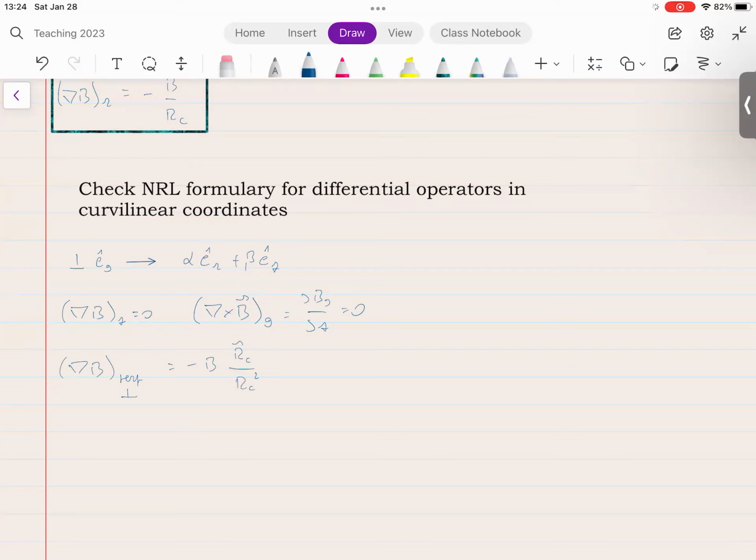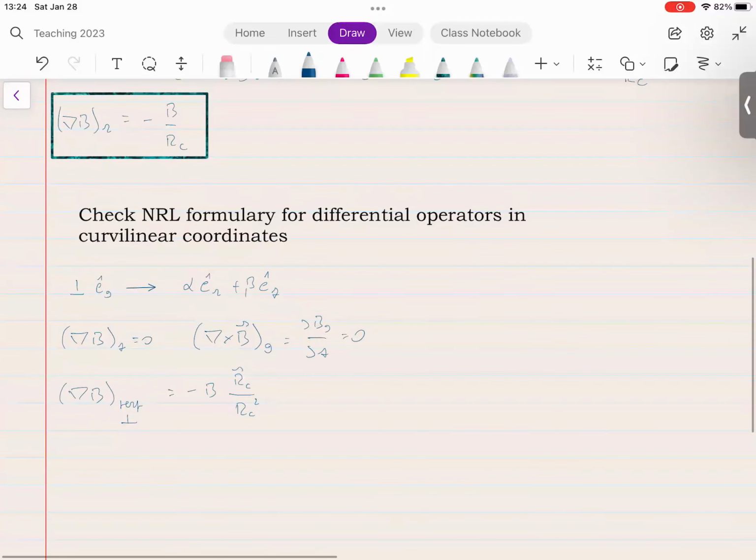R sub C is the curvature radius, which is in the radial direction. That's the direction of my gradient. The value I just wrote up there in absolute value was B over R sub C. So these two expressions are the same.